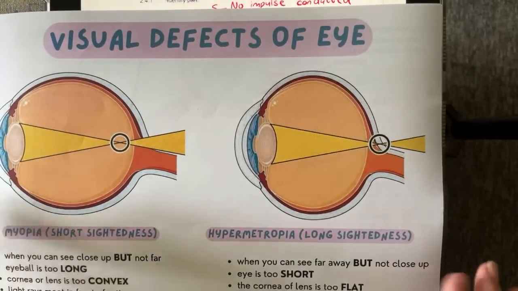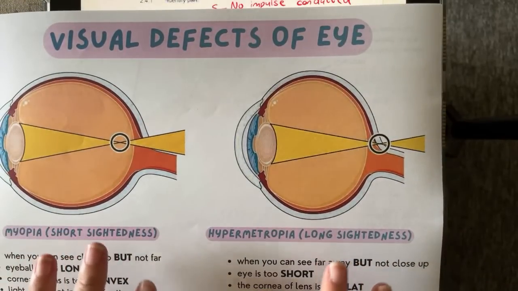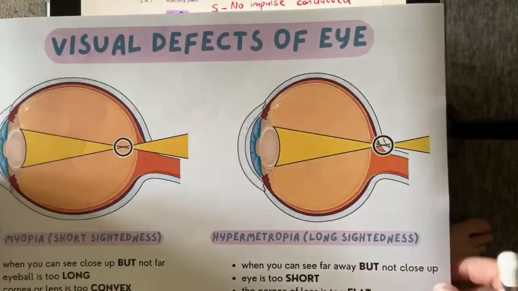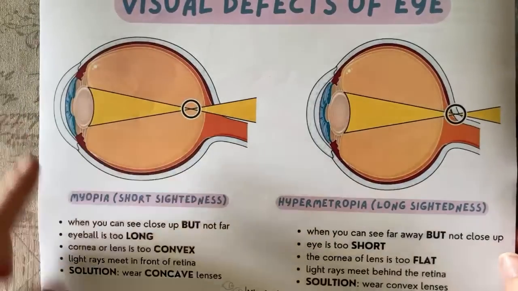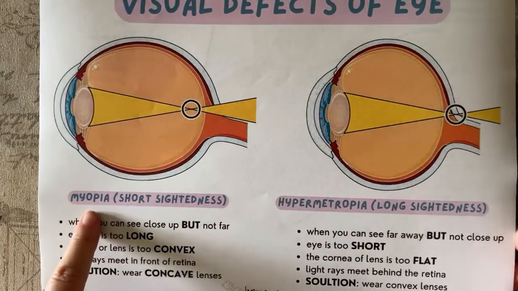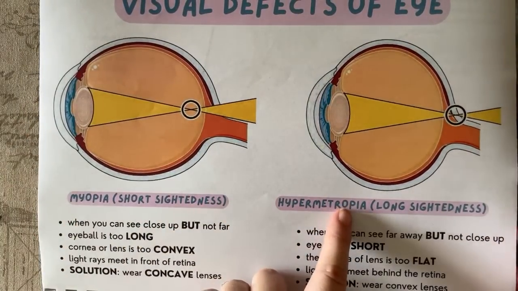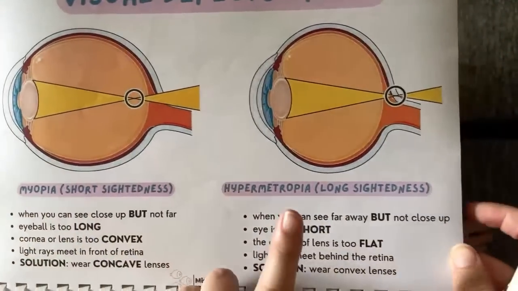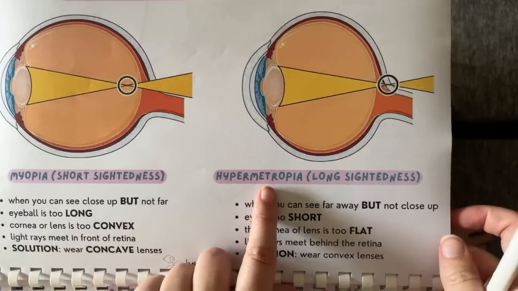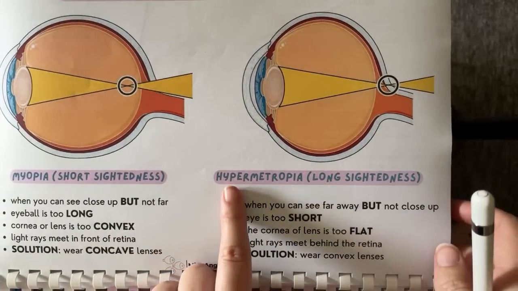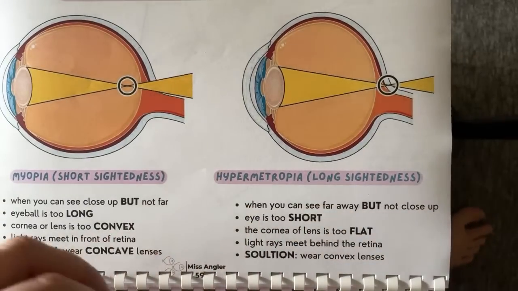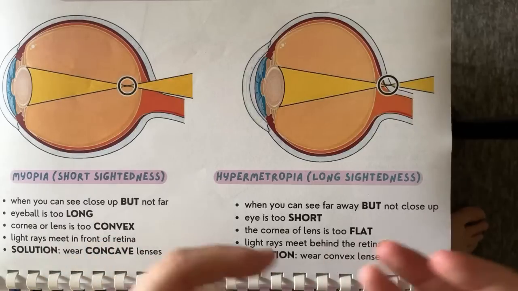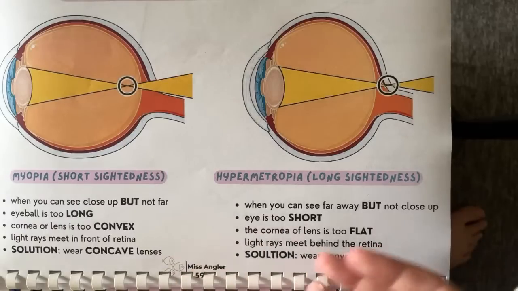This is the visual defects of the eye. Okay. And you get two kinds of visual defects. You get myopia and you get hypermetropia. That means you have short-sightedness and you have long-sightedness. Now, we've just established that this person's lens, okay, is unable to move itself.